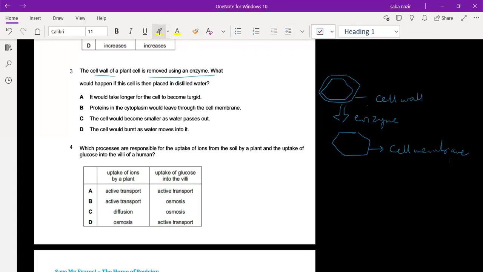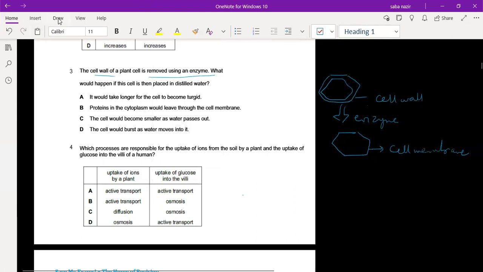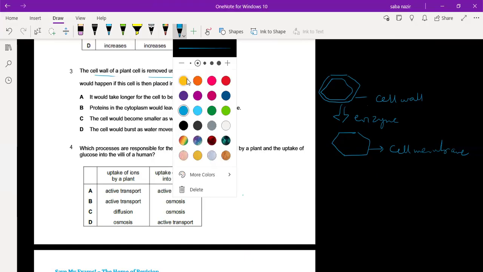After that we can modify it. So here we are going to, let me change the color. Okay, just a second. So here we can see now the cell is covered with the membrane only.